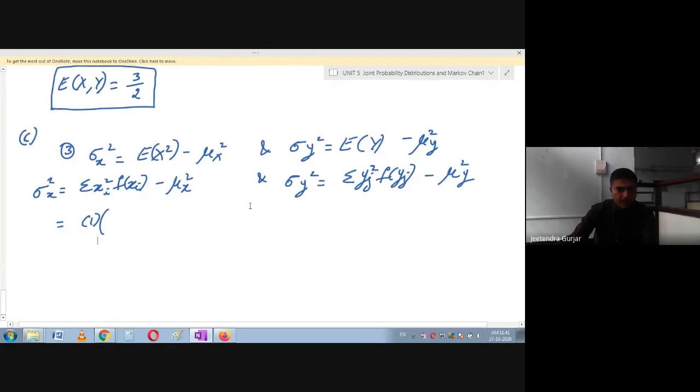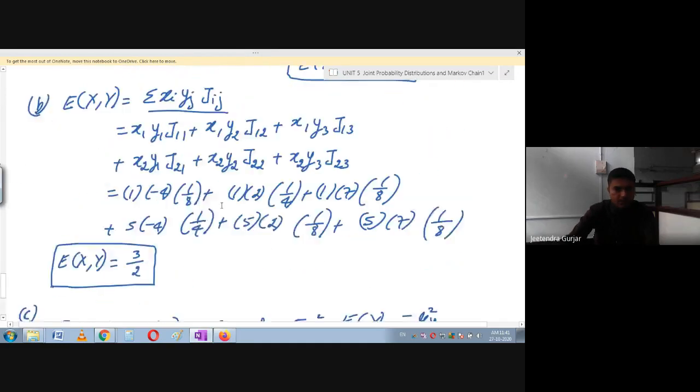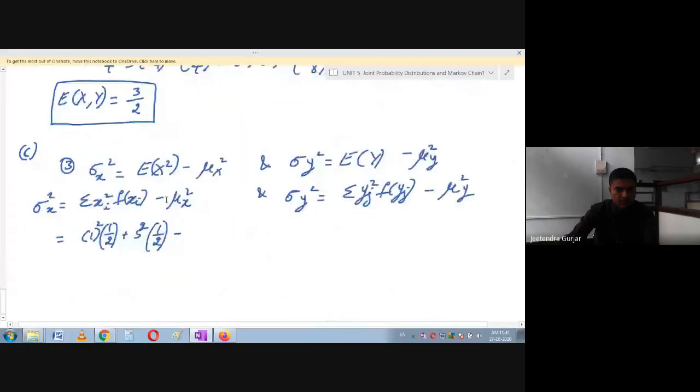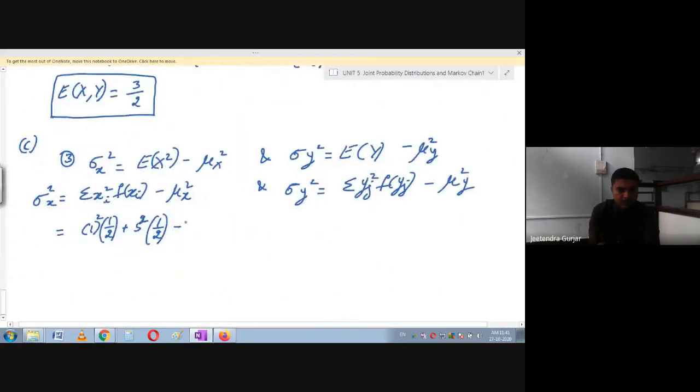Then add this. So what I will get here is 1 square, and here it is 1 upon 2 plus 5 square, and this is 1 upon 2 minus, very very important, what is this, sigma mu x, I think this is mean, so this is your mu x, that is 3, so substitute here 3 square.